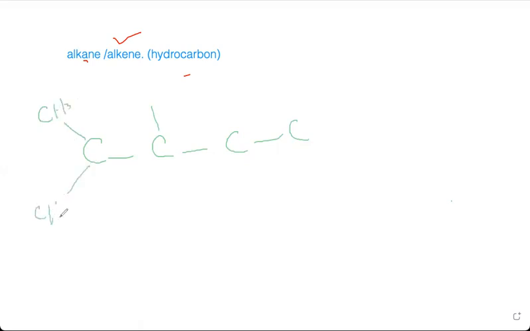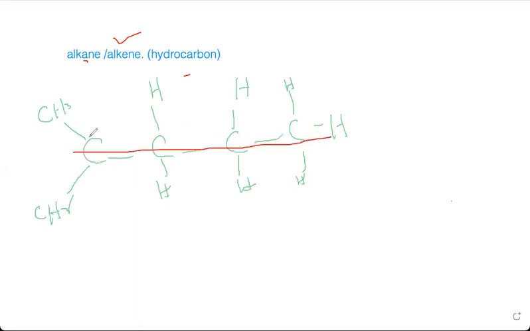Now, how are you going to name the chain? You will not say that there are 2 methyl groups attached. No. Whenever you are naming the chain, first you have to pick the longest chain. First you have to check what your chain is. You can see this could be a chain and this could be a functional group only.